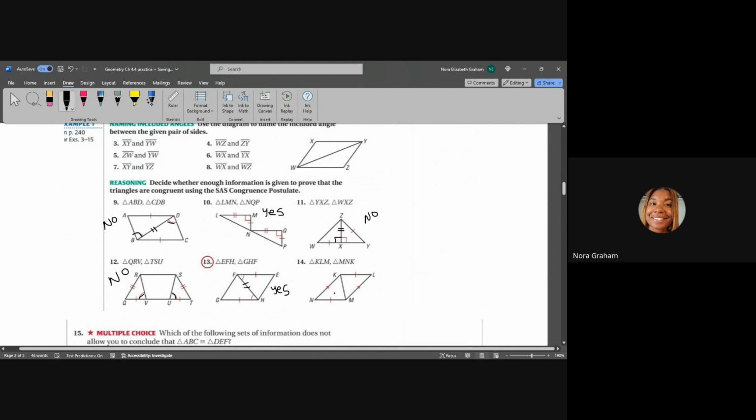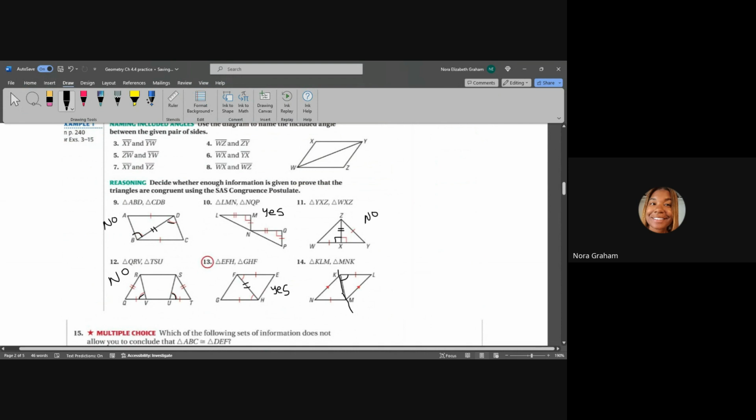14, I have K, L, M, and then I have M and K. They are telling us these two are parallel. Remember a parallel line, I can count KM as a transversal that cuts through my parallel lines. Since those cut through my parallel lines, that's going to create some angles that we may be able to use.